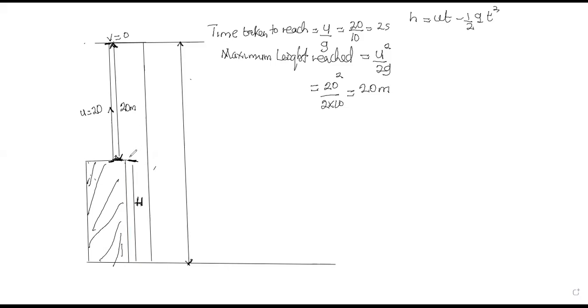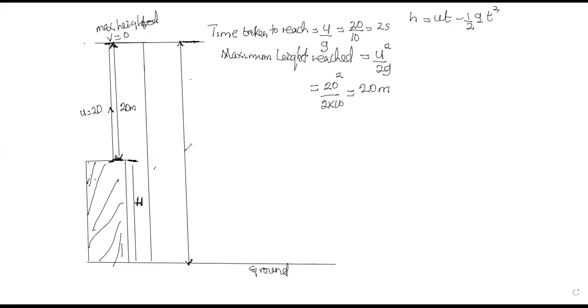So I know the vertical height from the top of the tower to the maximum height reached, that is 20. I've also calculated the time taken. So I want the distance it will cover from the maximum height when it drops to the ground.